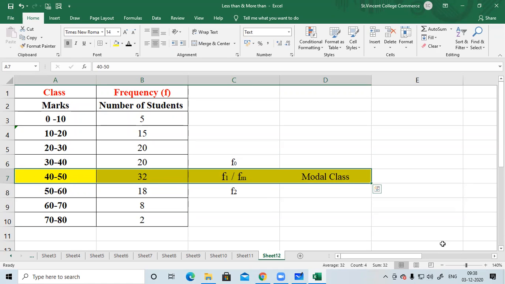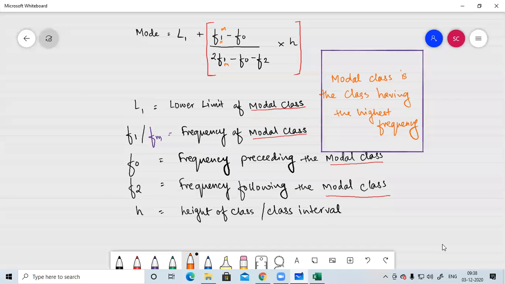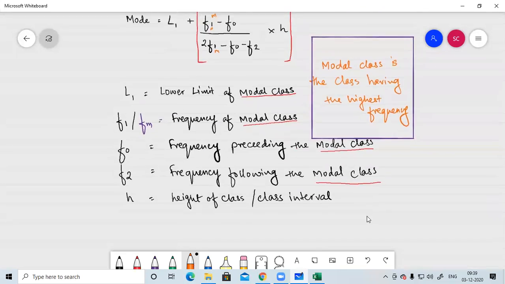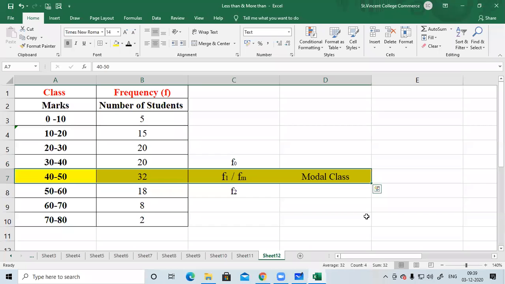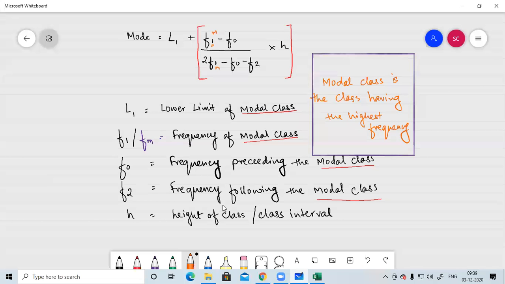Yes, sir. Now going to the formula. Our formula says L1 plus. So let us see what is L1. L1 stands for the lower limit of the modal class. Now we are having a class as 40 to 50. What should be the lower limit? 40.